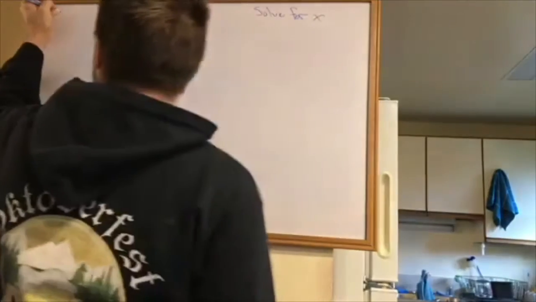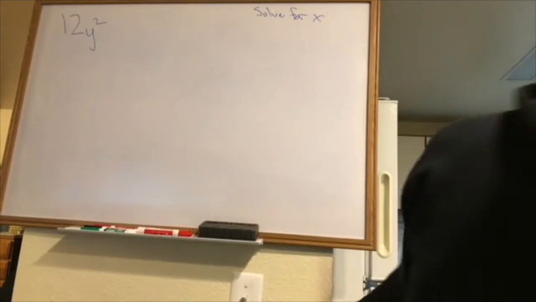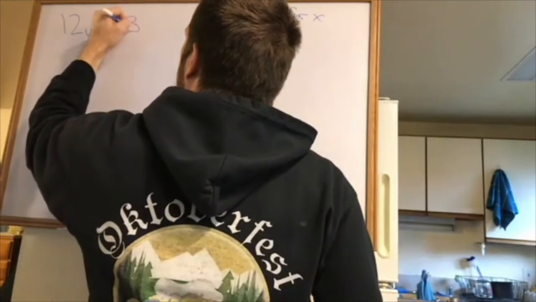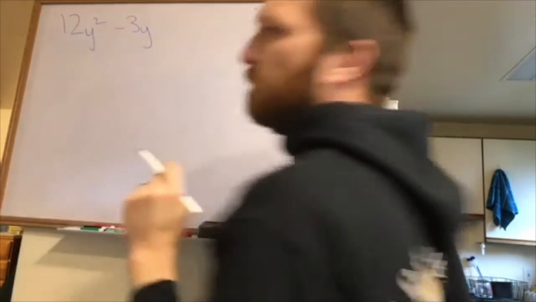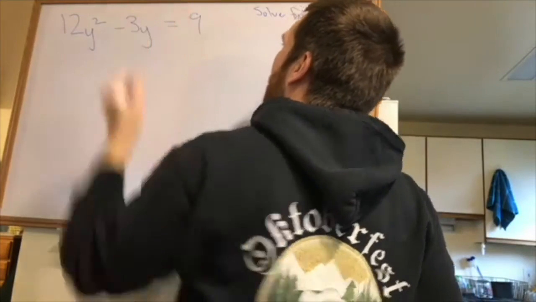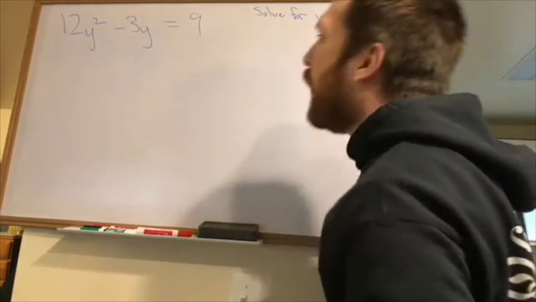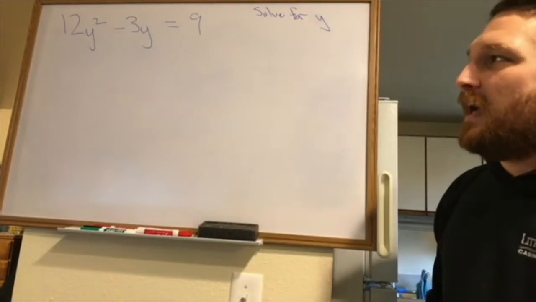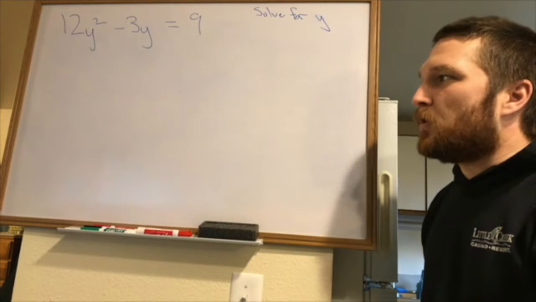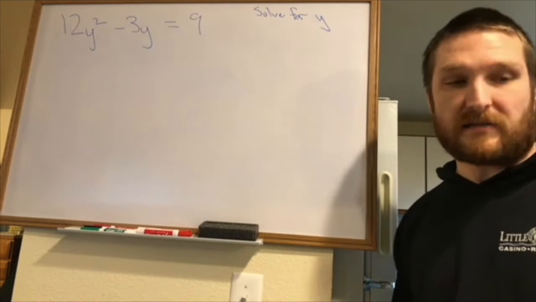12y squared minus 3y, how do they write it? Yeah, equals 9. And we're not solving for x, in this case we're solving for y. Immediately I'm so ingrained to think, I'm solving for y, so I need to get all the y's on one side.